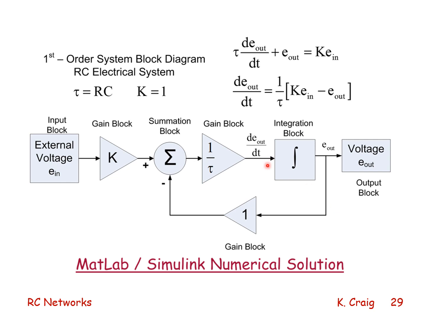And it's very simple to do. dE out dt equals 1 over tau times this arrow, which is the sum of K times the external voltage E in minus 1 times E out. And that's my equation. The block diagram represents the equation, the mathematical model.